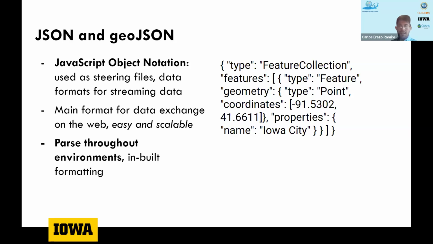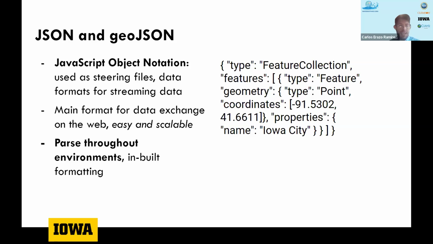It is used in many different ways in web applications. Whenever you are downloading something and you say, hey, I want to save this as my cookies, that cookie itself is also a JSON object. It is being used in the scientific domain as a steering file. It is a data format for streaming data too.